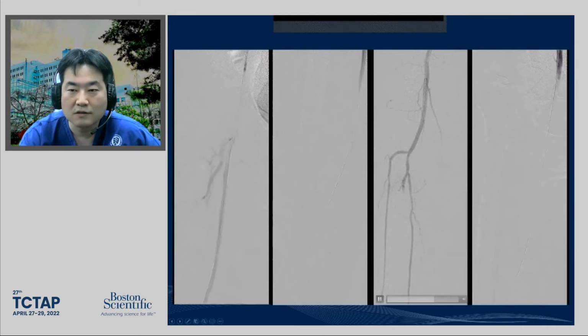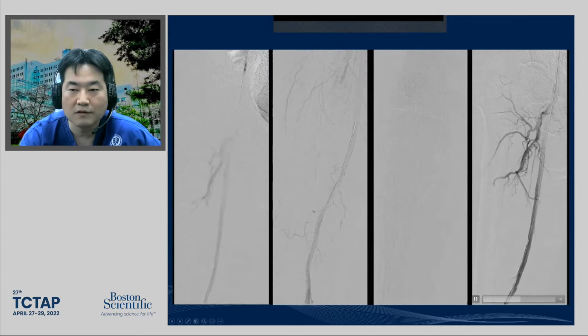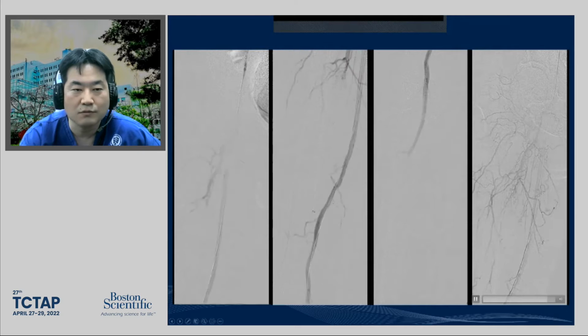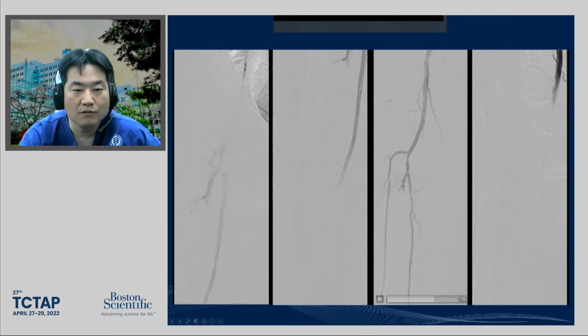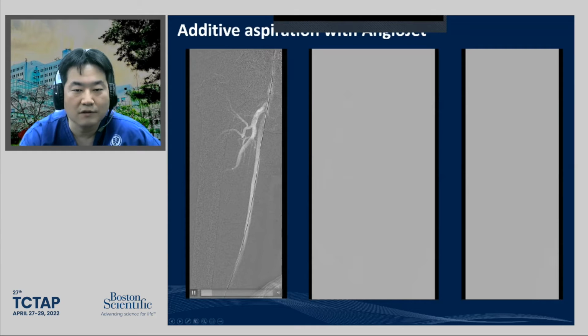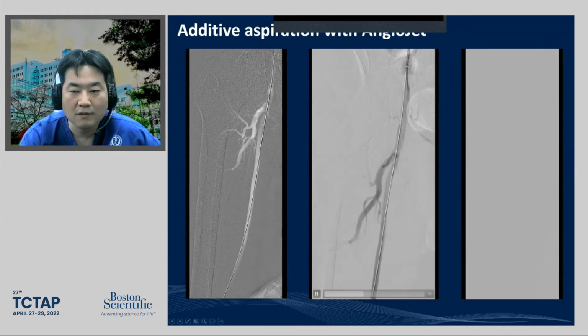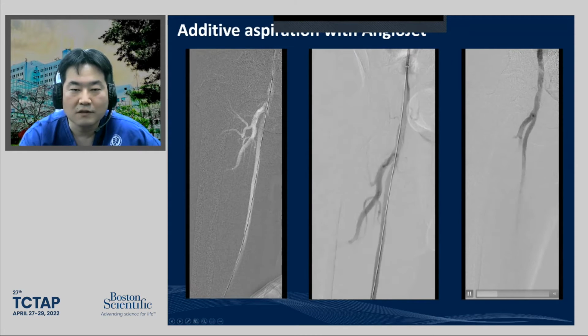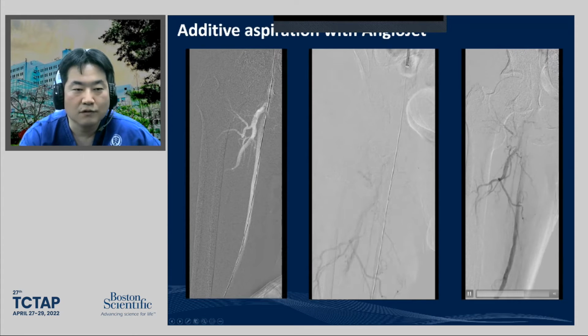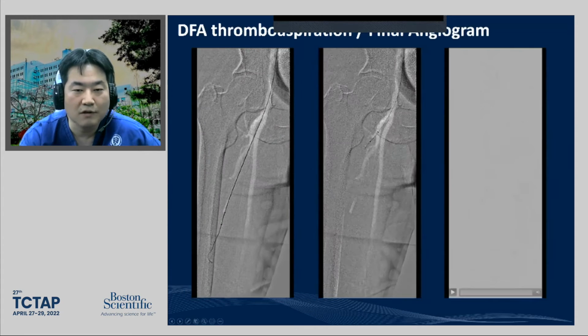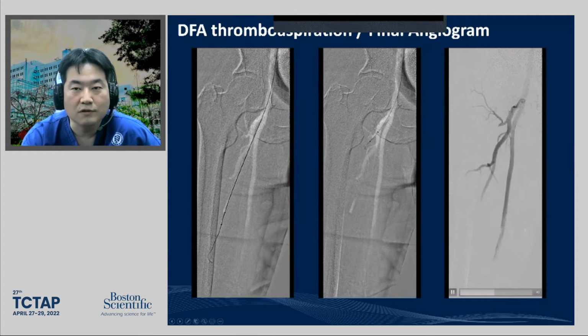You can see that the proximal common femoral and then the deep femoral had some residual thrombus there, and we did another suction in the common femoral area, and there was little embolization of thrombus to the deep femoral artery. So we rewired the deep femoral, and then did another suction for the deep femoral, and finally the flow was much improved, and the symptom was improved, and motor was restored to the normal range.